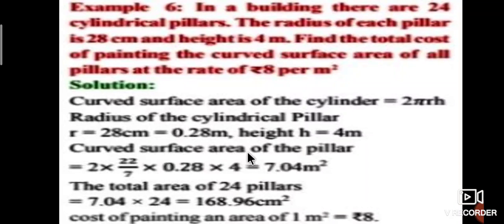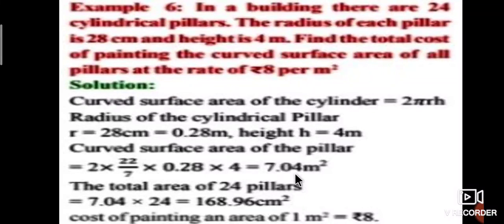Therefore curved surface area of the pillar is equal to 2 into 22 divided by 7 into 0.28 into 4, that is equal to 7.04 meter square.